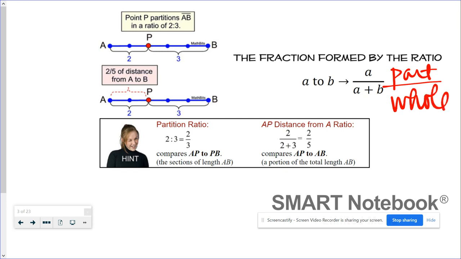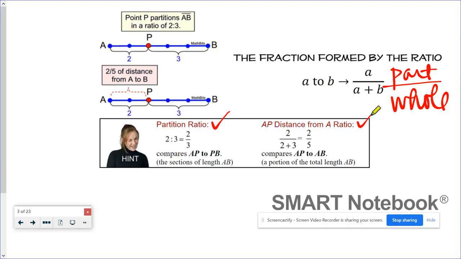Right, so there's a difference between the ratio and this fraction formed by the ratio, because we're actually going to multiply by this, and this fraction is the distance that point P is from the given starting point of A.